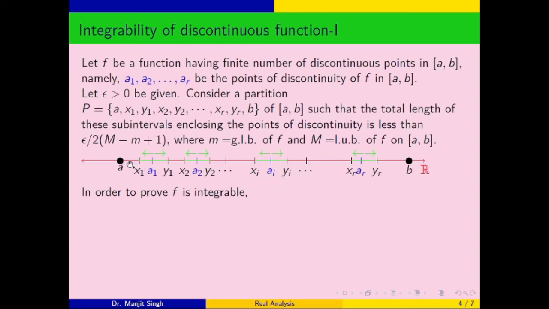In these subintervals the function is continuous, and in the ones shown with green lines the function is discontinuous. So we can divide this study into two parts.